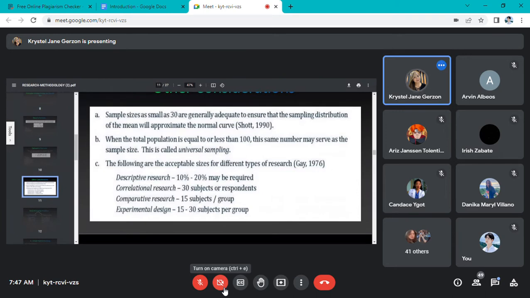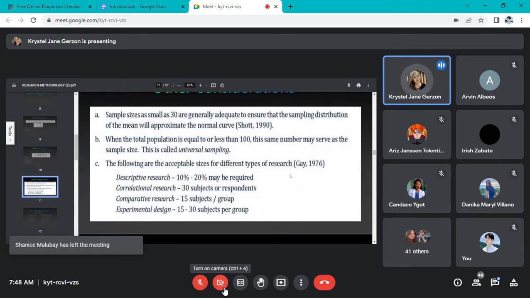They focus on Grade 12 arts and design, so they have not reached 100. So if you want, you can have universal sampling wherein all of the arts and design students will be interviewed. That would be called universal sampling.